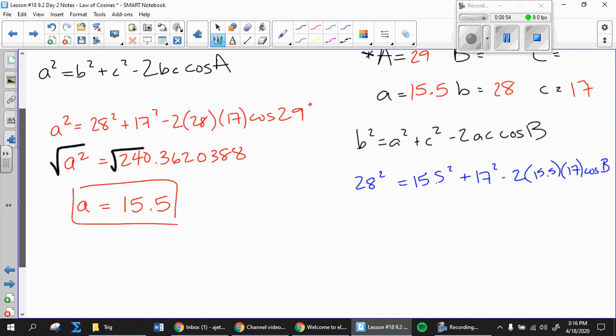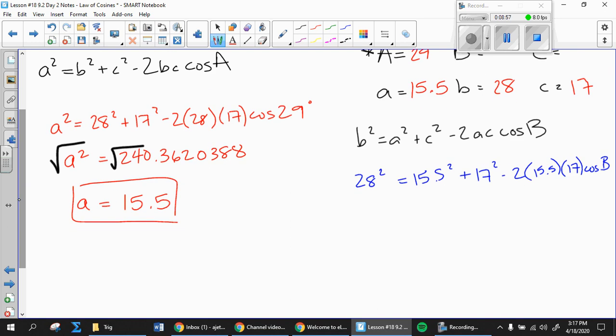The very first thing I'm going to do is simplify everything. I'm going to take 28 squared, then 15.5 squared plus 17 squared, and get 529.25. And then I'm going to take 2 times 15.5 times 17 and get minus 527 cosine B. Make sure on these problems you do not subtract these two numbers.